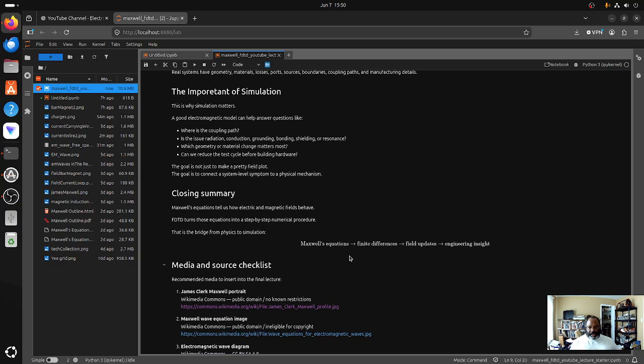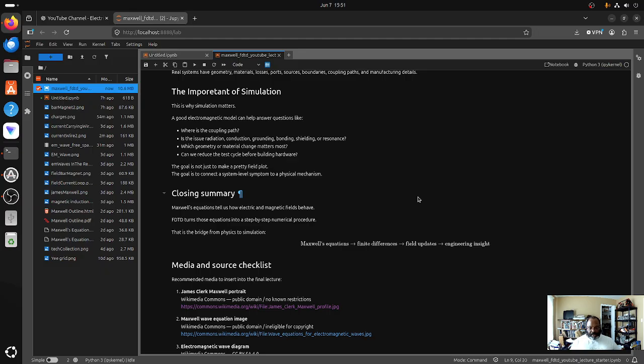So in closing, Maxwell's equations tell us how electric and magnetic fields behave. The finite difference time domain turns these equations into step-by-step updating equations, a numerical procedure that we can march across our simulation domain and then look at plots of how the field and energy are traveling through that simulation space.